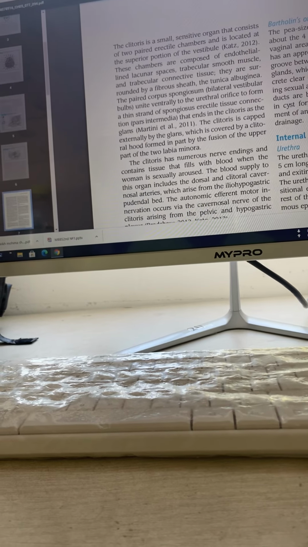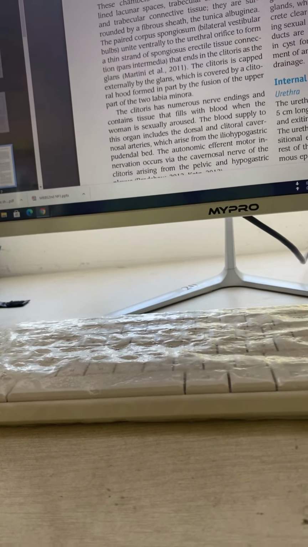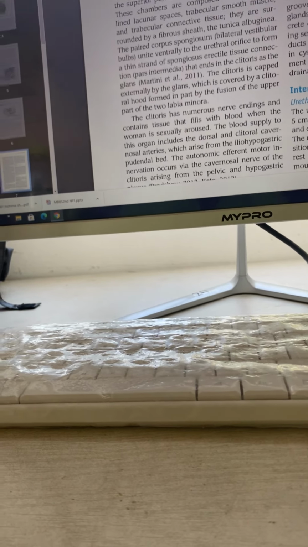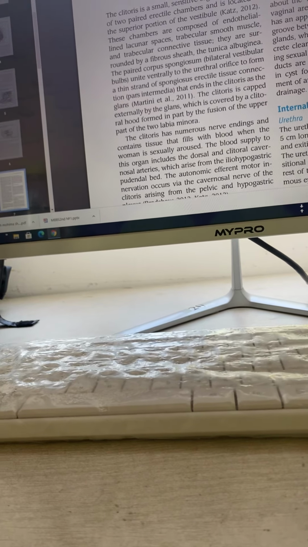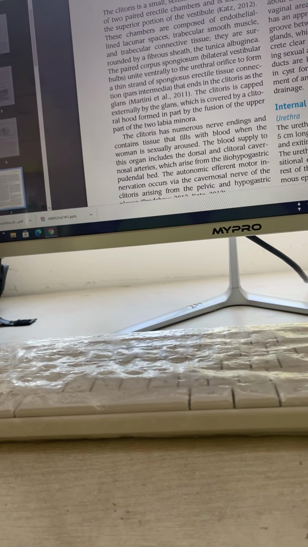The clitoris is a small sensitive organ that consists of two paired erectile chambers and is located at the superior portion of the vestibule. These chambers are composed of endothelial-lined lacunar spaces, trabecular smooth muscle, and trabecular connective tissue. They are surrounded by a fibrous sheath, the tunica albuginea.